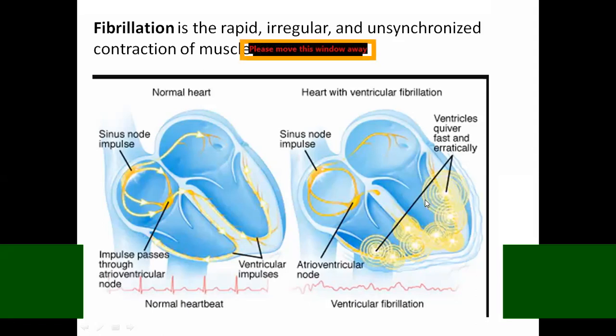The fibers present over the ventricles do not function properly, and they do not provide proper contraction to the heart muscles. Due to that, the pumping of the blood is not in the proper way.